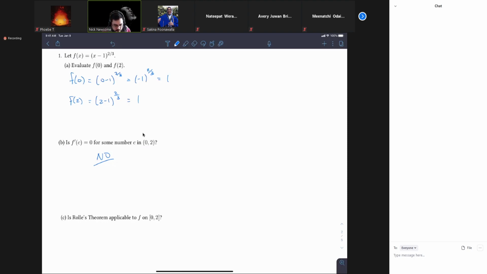Did I read this wrong? Oh, I did read this wrong. Uh-oh. I read f instead of f prime. Hang on. Okay, part B, sorry, is not talking about intermediate value theorem. It's talking about mean value theorem.